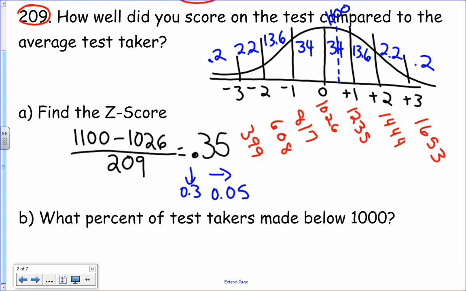We're on the positive side. Guys, listen. It doesn't say 0.35. You need to go on the left-hand side, go down to where it says 0.3, and then you're going to go over to the one that's underneath 0.05. 0.3 plus 0.05 is 0.35. Got it? Go to the positive side. So, your z-score here, does everybody see the z-score?